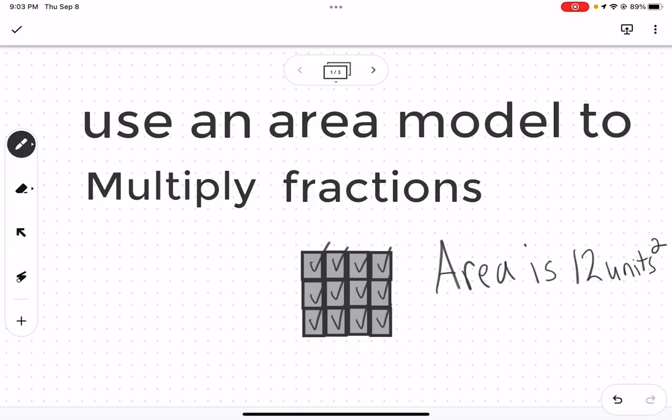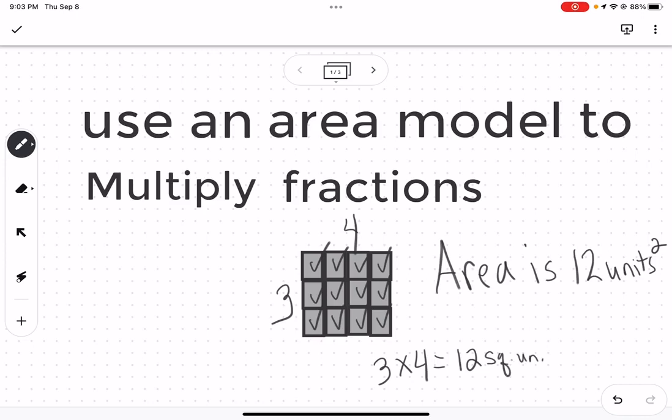Now the shortcut you learned about is that if I know the counts of my length and my width, right, this is a 3 by 4, then I can simply say that the area is 3 times 4, which equals 12, again, square units.